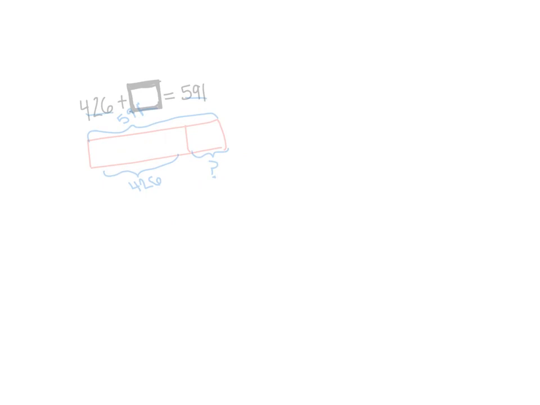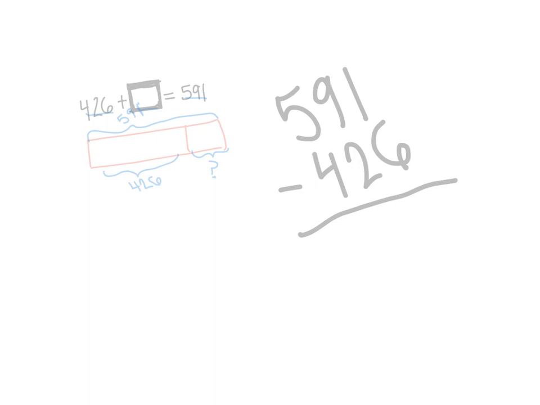When we subtract, we start with our whole, 591. And we're going to subtract the part, 426, to find the missing part. So let's do this subtraction. What's 1 minus 6? Negative 5.